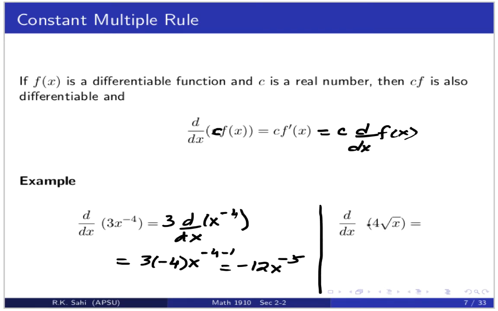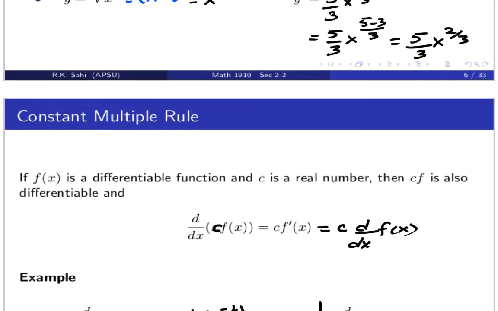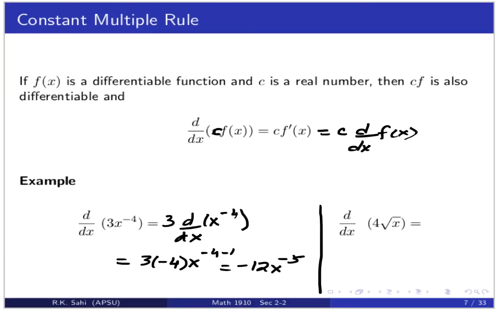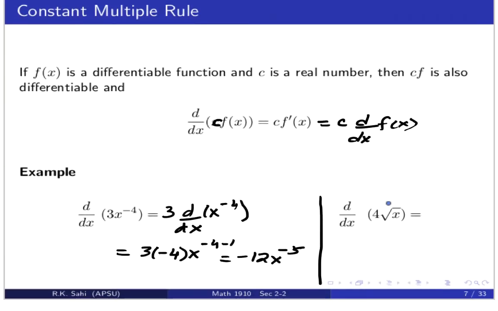So this next problem, differential of the function 4 times square root of x. Now remember, this square root of x is not looking like the way we saw earlier. And this is exactly what we have done before. So that's what we're going to do. And now we're going to write this as first 4x to the power half.